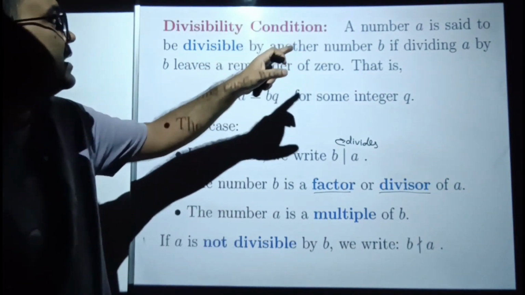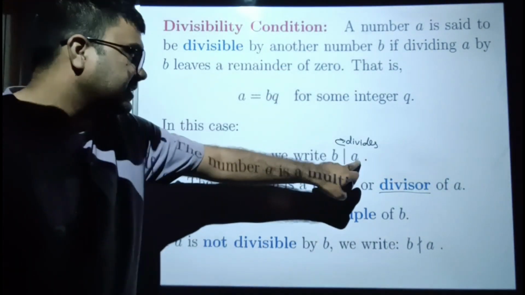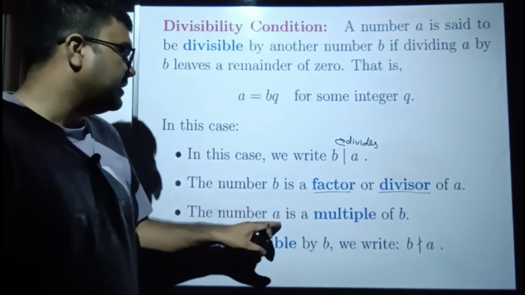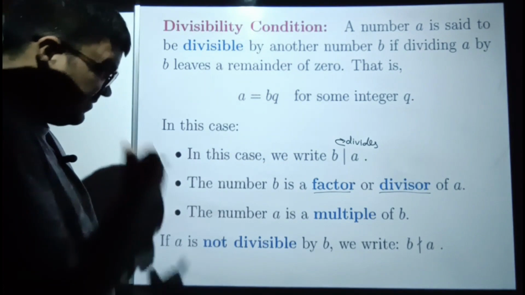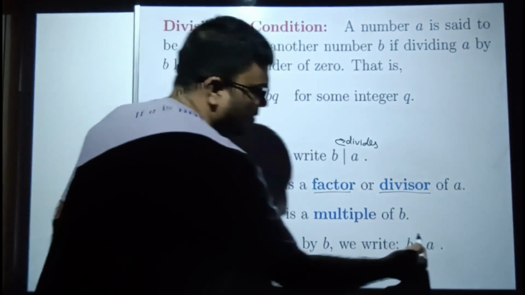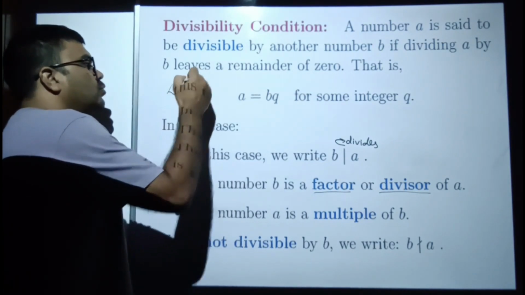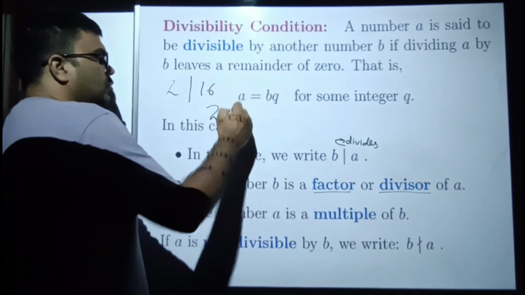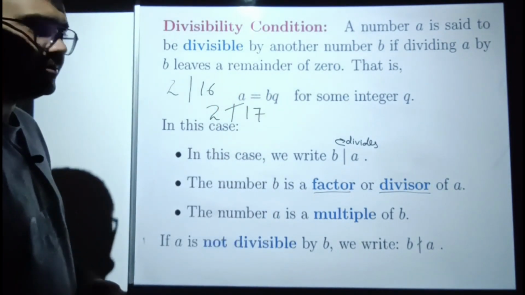We are saying that a is divisible by b, or we can write b divides a, or b is a factor or divisor of a, or a is a multiple of b. Now when it is not divisible, we will put a cross over here. We are saying that 2 divides 16, 2 does not divide 17. These are just the notation.